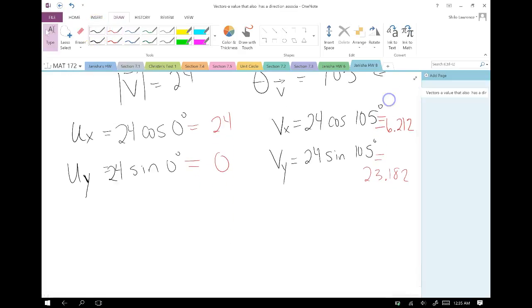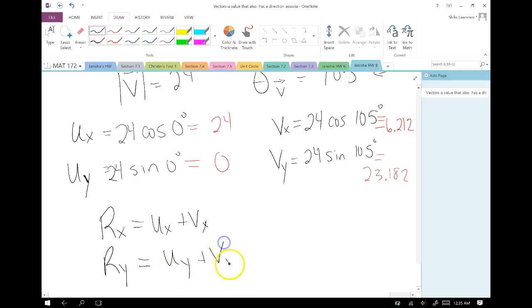And now we can add corresponding components. And this will give us components for our answer. So we want to add together the u sub x and the v sub x.